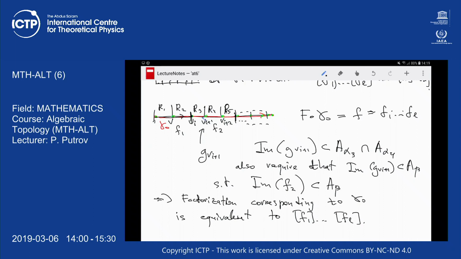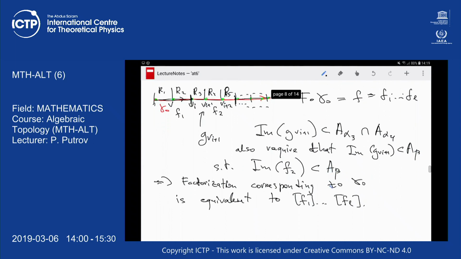We can always do this by homotopy staying in this open set.